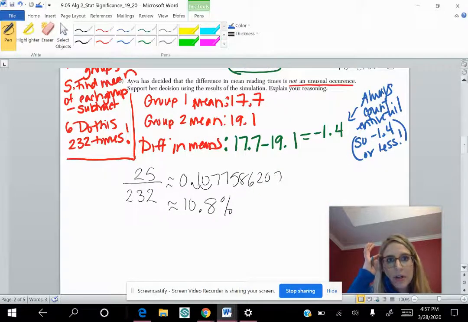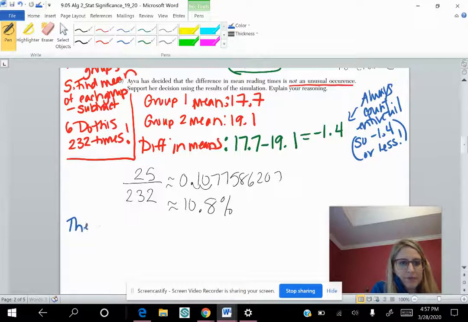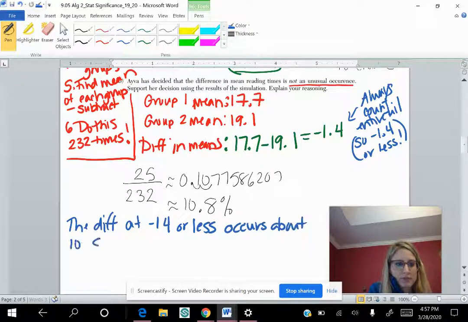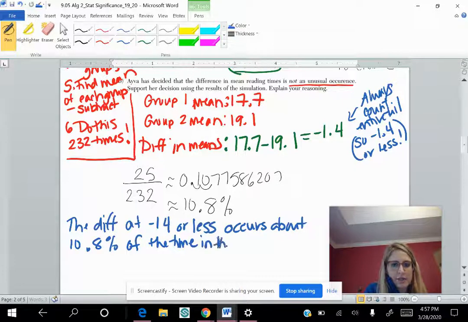So the question says, decide if the difference in the mean is not an unusual occurrence. Support it and explain your reasoning. So we're going to say the difference at negative 1.4 or less occurs about 10.8% of the time in the simulation.